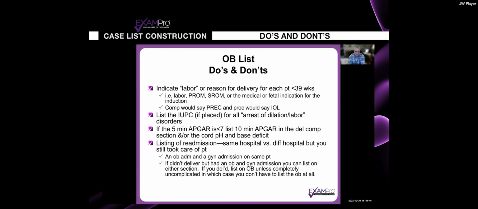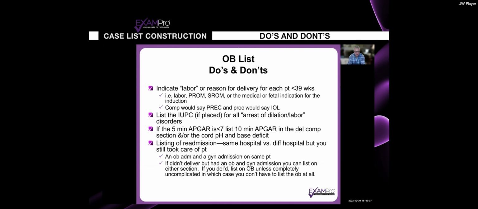If you have a patient that has a 5-minute APGAR less than 7, list the 10-minute APGAR in the delivery complication column, and/or you could list the cord pH and base deficit and be able to explain your interpretation thereof. If you have a patient that's readmitted, if she's coming back to the same hospital, we'll show you how to list that.